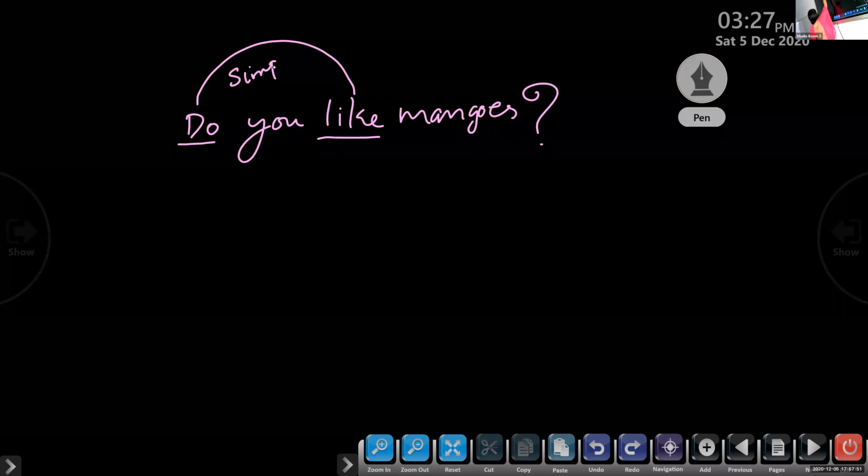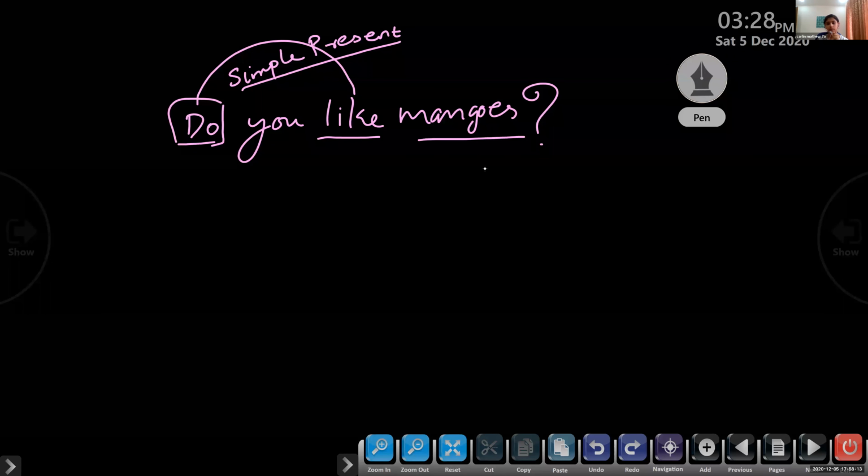The sentence is given in simple present tense. Fine. Now it is starting with do, which I cannot use for beginning my passive voice sentence. This is in simple present tense, so I should go for a better option. So which one? Are. Why are? Why can't I use is? Mangoes is a plural subject, right?